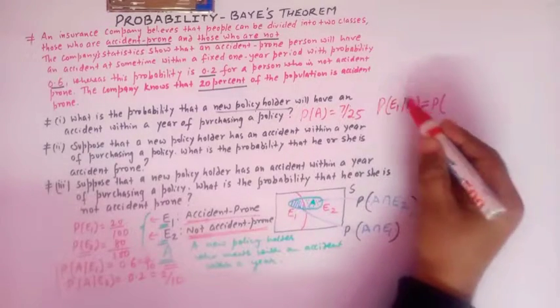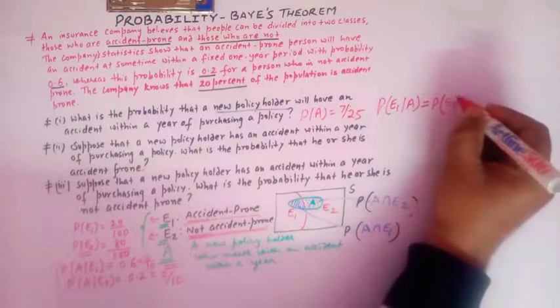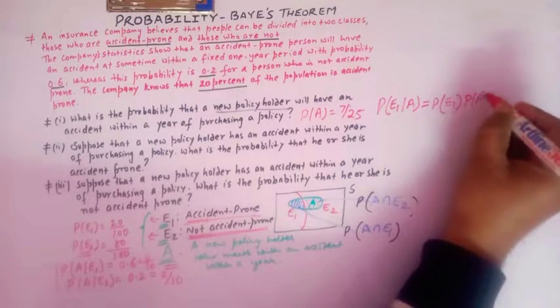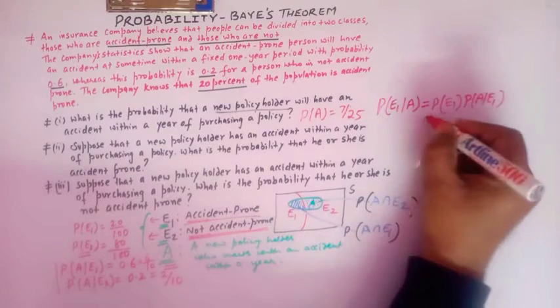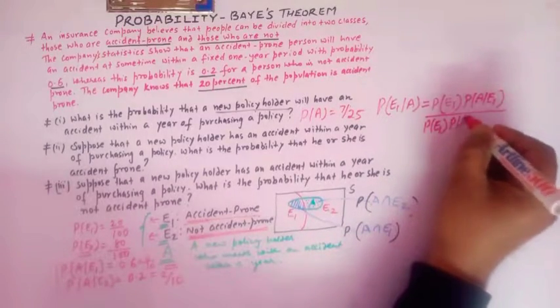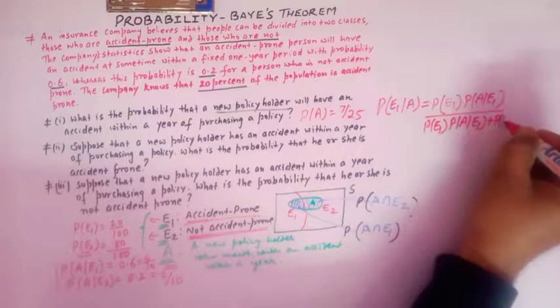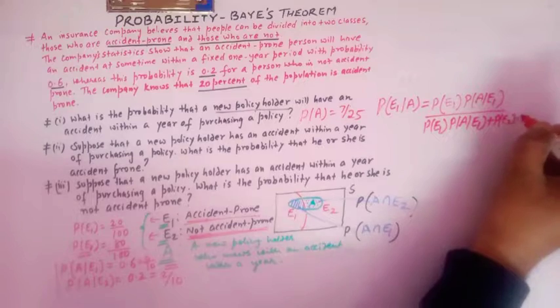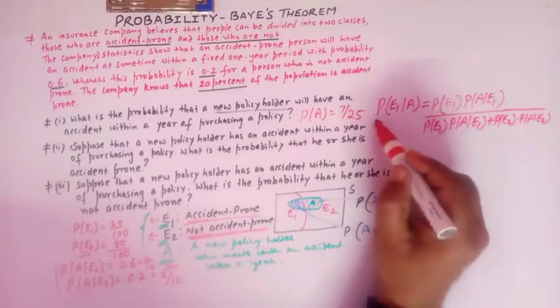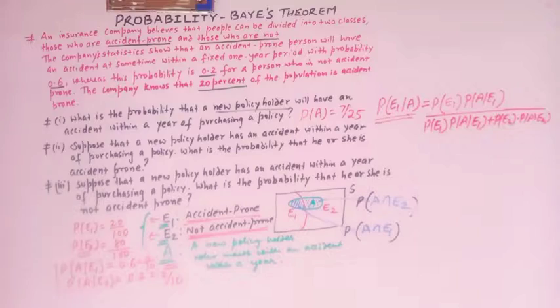So P of E1 given A is given by P of E1 times P of A given E1, over P of E1 times P of A given E1, plus P of E2 times P of A given E2.